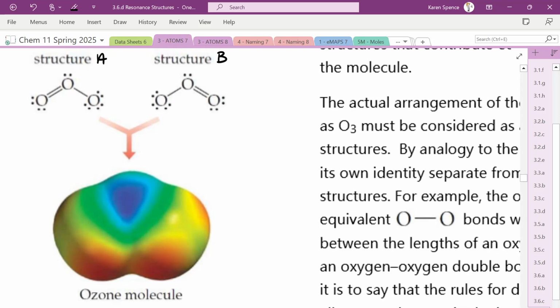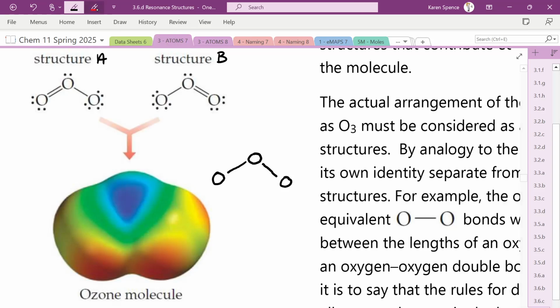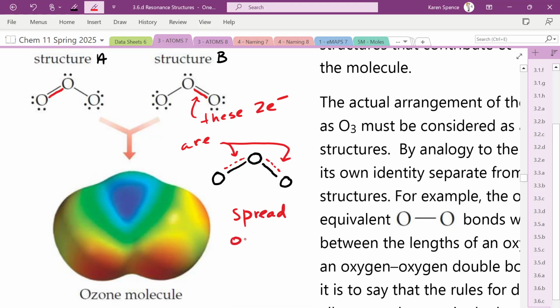And we can kind of represent this as an O with a single bond here and a single bond here and an O and an O. But this second bond, those 2 electrons in that bond are spread out over 2 areas.